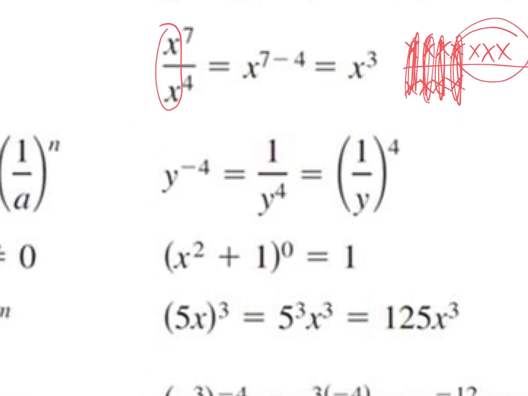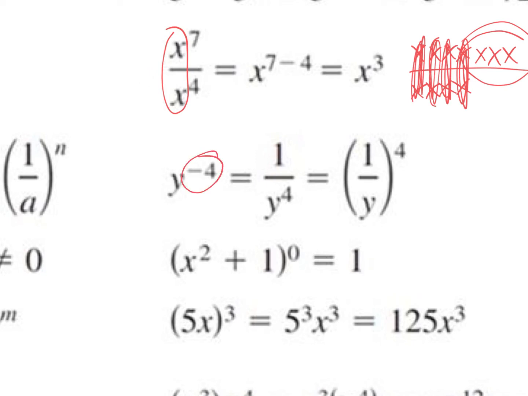Simple enough. All right, what are we looking at here? What's the problem there? What kind of a 4 is that? Negative. We don't like negative exponents. A lot of times I like to say, in order to make a negative exponent positive, we move it through the fraction bar. Meaning, if it's in the numerator, you move it to the denominator. If it's in the denominator, you move it to the numerator.